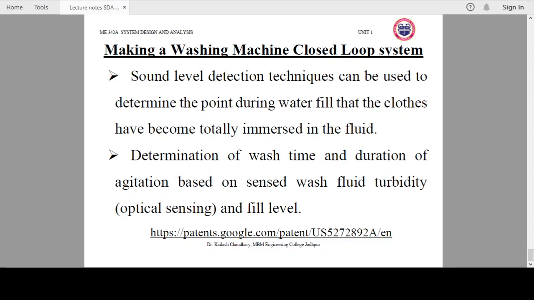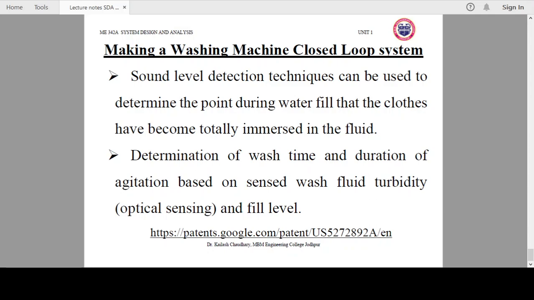Similarly, you can determine the wash time and duration of agitation based on sensing wash fluid turbidity, optical sensing, and fill level. So you can again use sensors that sense the fluid turbidity, that means what kind of fluid we are getting on drain.